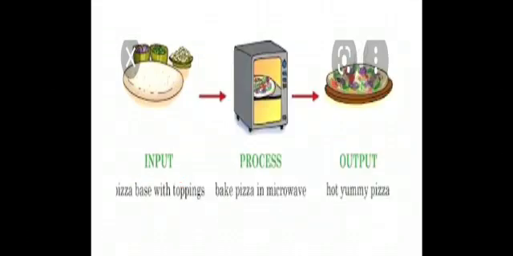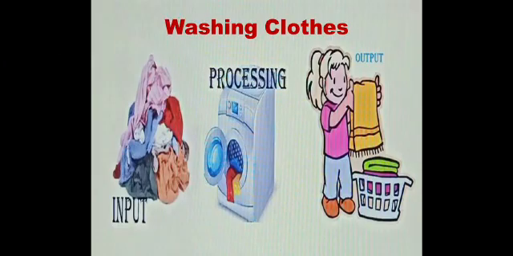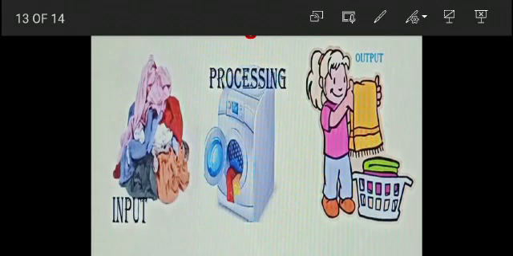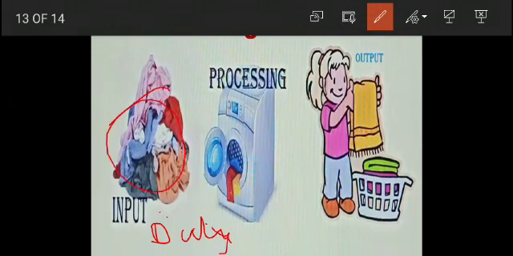So clear to all? So one more example I have taken, that is washing of clothes. So for washing of clothes, what do you need? You need dirty clothes. These are the dirty clothes and this is the input. You want some detergent and you want some water to wash this. This becomes the input.